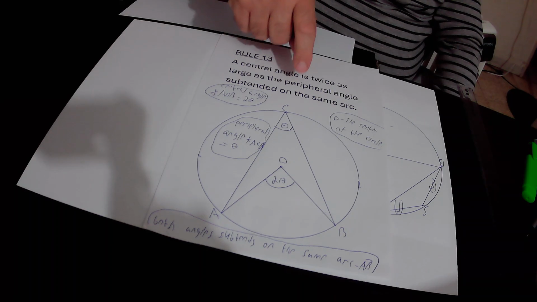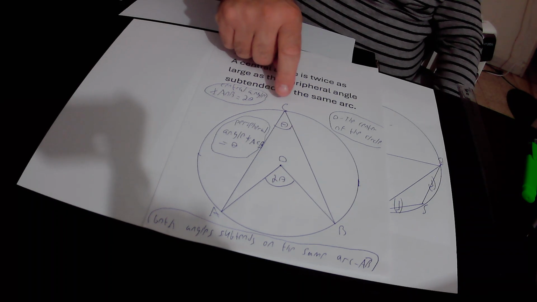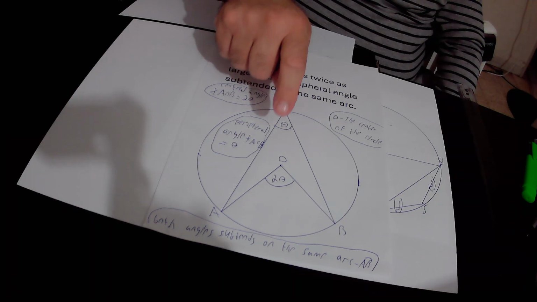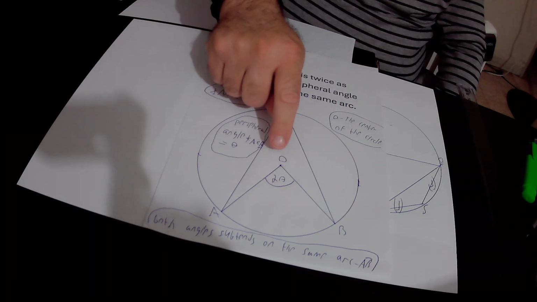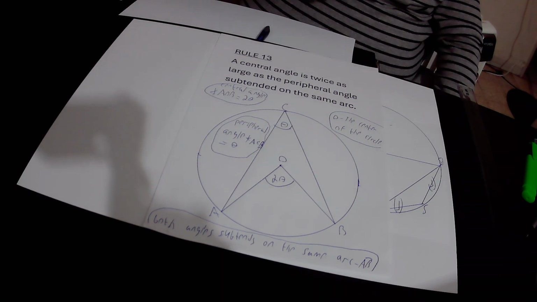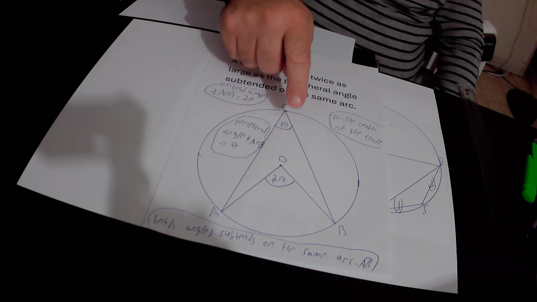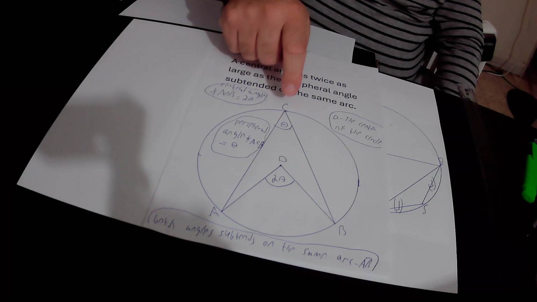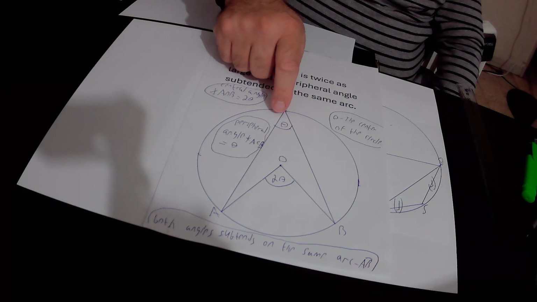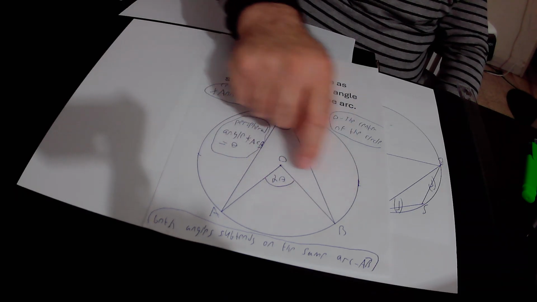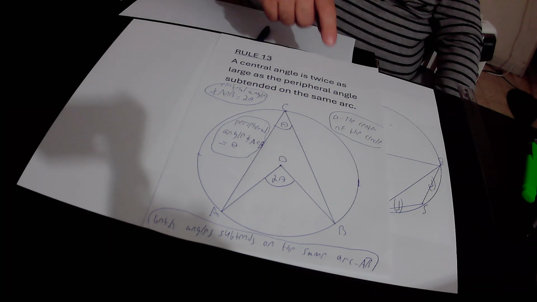Because peripheral angle ACB equals theta, the central angle AOB that is subtended on the same arc AB must be equal to 2 theta. It is twice as large as this peripheral angle. Okay?